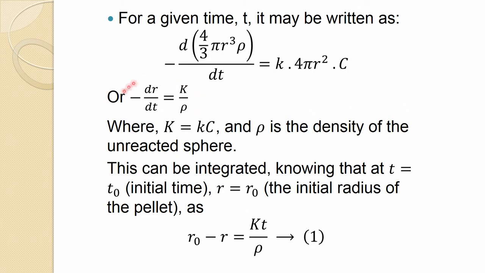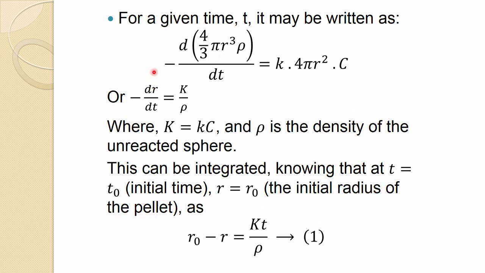Now, this is a very simple equation which you can integrate, knowing that at time t equal to 0, before starting the reaction, the radius of the pellet is the initial radius. So at t equal to 0, that is at the initial time, the radius of the pellet is equal to the initial radius r naught.